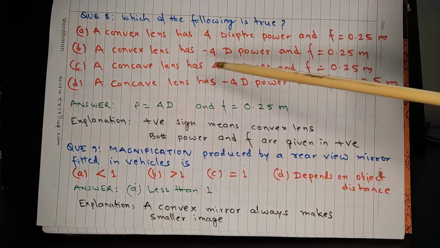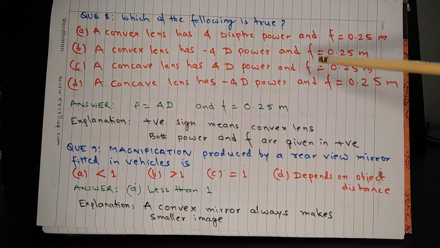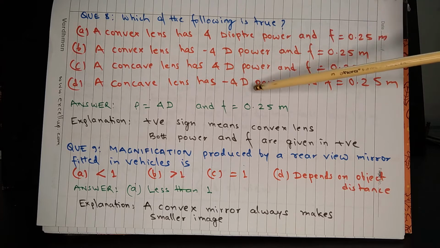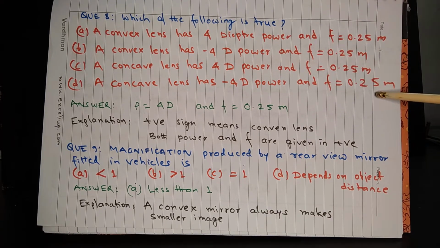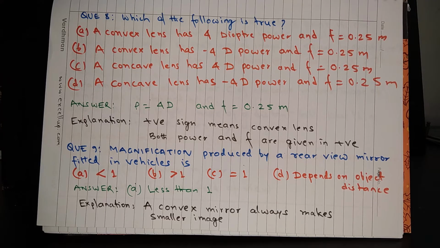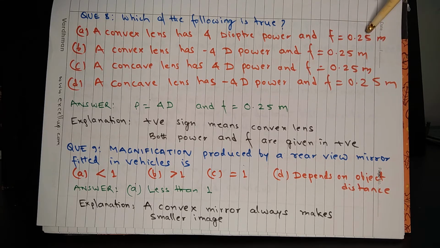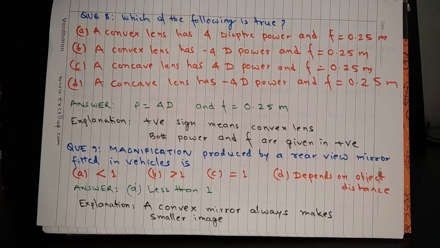C, a concave lens has 4 D power and f is equal to 0.25 meter, and D, a concave lens has -4 D power and f is equal to 0.25 meter. The answer is A, that is power is 4 D and f is equal to 0.25 meter, because this is a convex lens and both the power and focal length are given as positive.